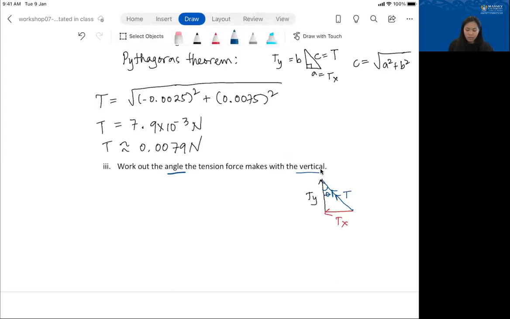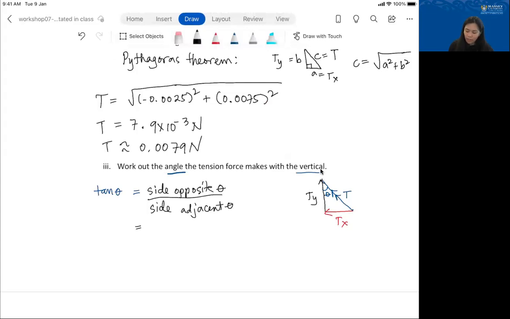Right, the basic trigonometric relationship: tangent theta is equal to the side opposite the angle divided by the side adjacent to the angle.